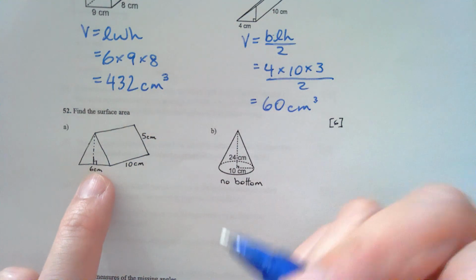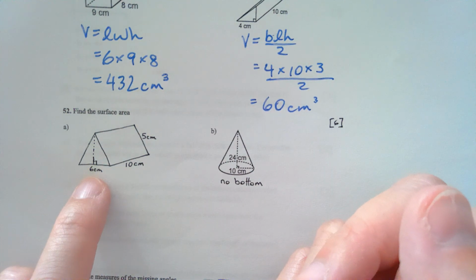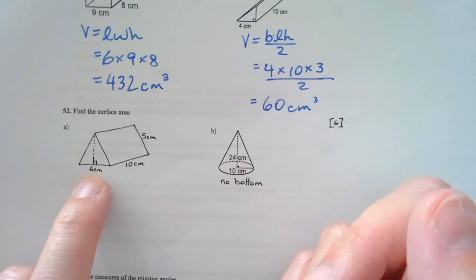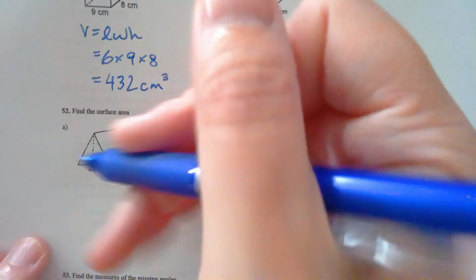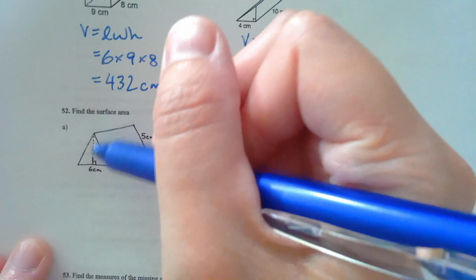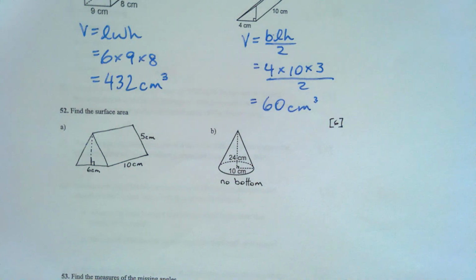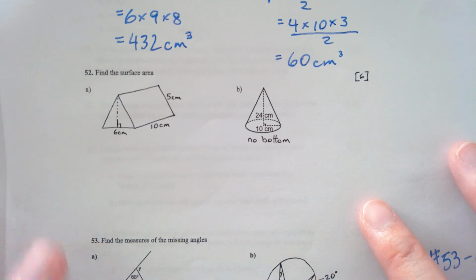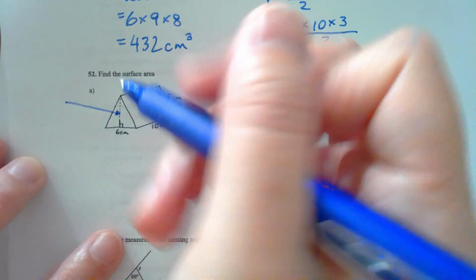Do I have all the info? No. I don't know the height of this triangle. So if I don't know the height of the triangle, Pythagorean, good job. You paid attention. So for the height, we're doing this triangle right here.